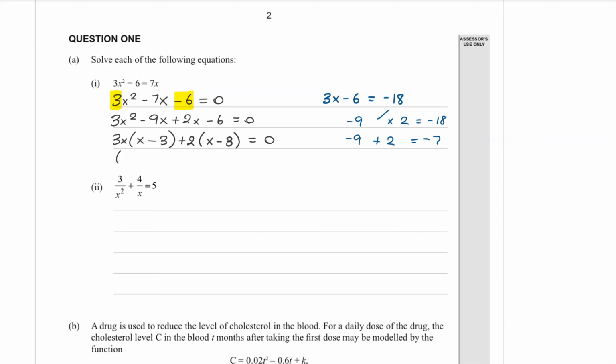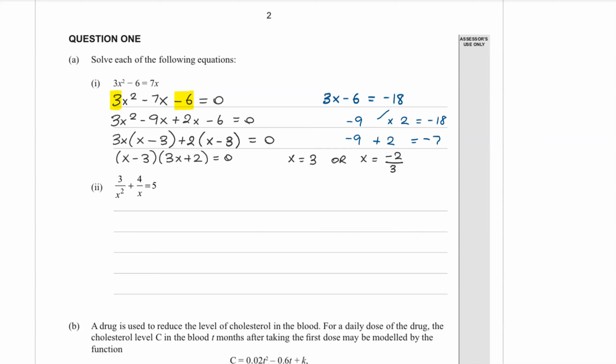And then if I take out x minus 3 as a factor, I'm left with 3x plus 2. Now, since we're told to solve this, we make each bracket equal to 0. So my solution will be x equals 3 or x equals negative 2 over 3. These are the two solutions.